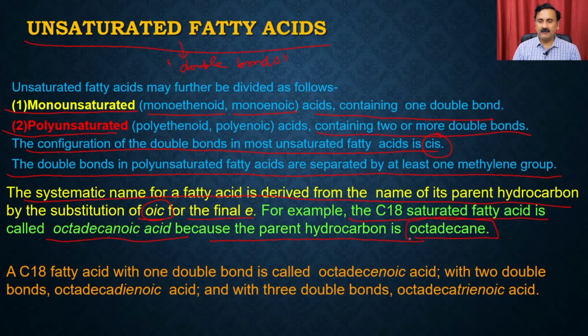So in the fatty acid, the last e is simply replaced with oic. Similarly, C18 with one double bond is called octadecenoic acid. With two double bonds, it is called octadecadienoic acid, and with three double bonds, it is called octadecatrienoic acid.